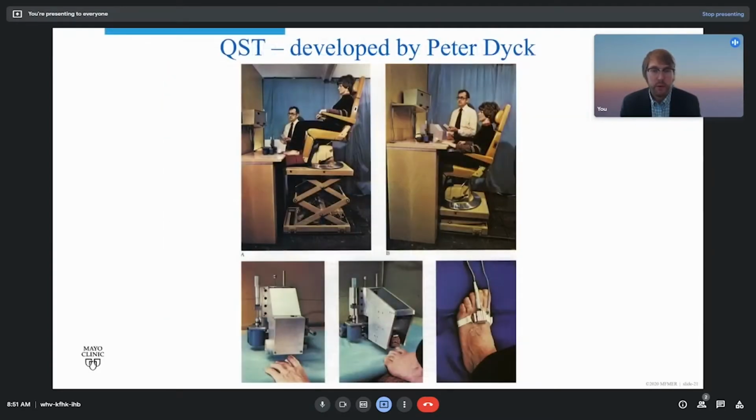We also perform quantitative sensory testing at Mayo Clinic, which was invented and developed by Peter Dyck. And in these pictures you can see the older machines that were used to test someone's foot sensation on the bottom right with heat and cooling, on the left with touch pressure.